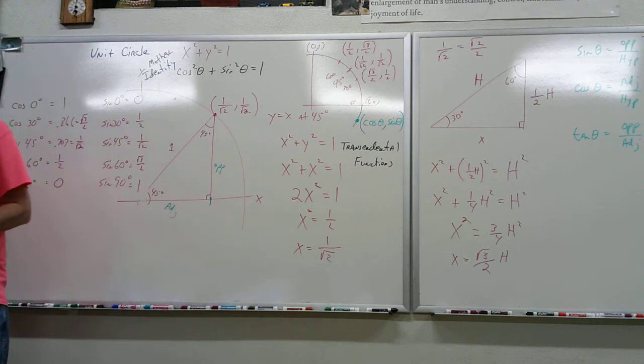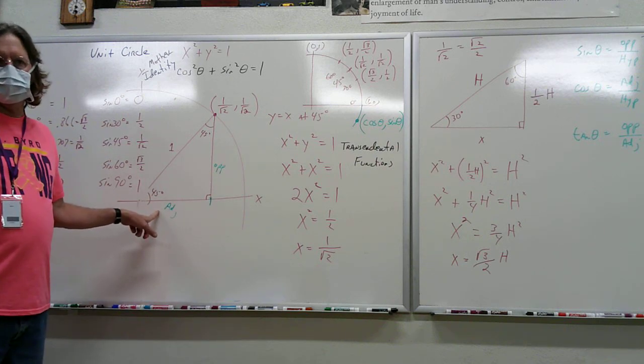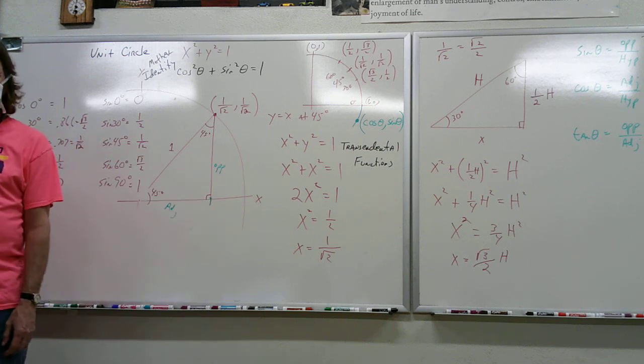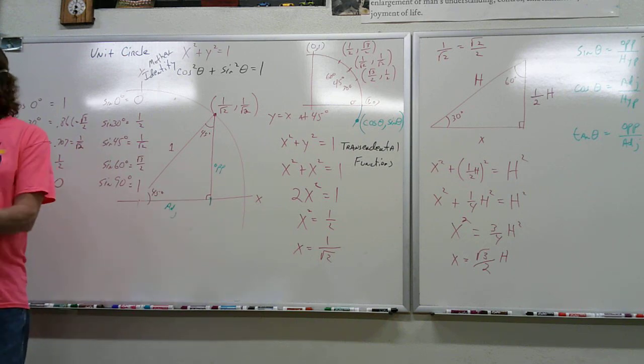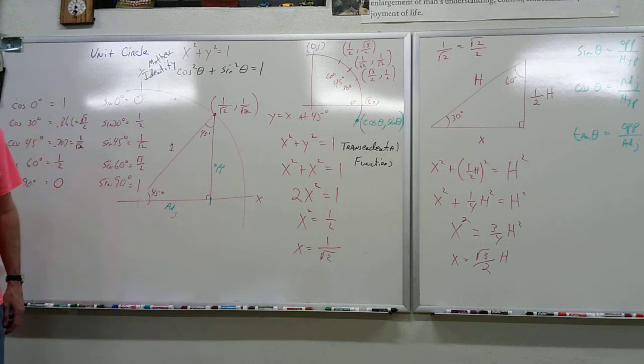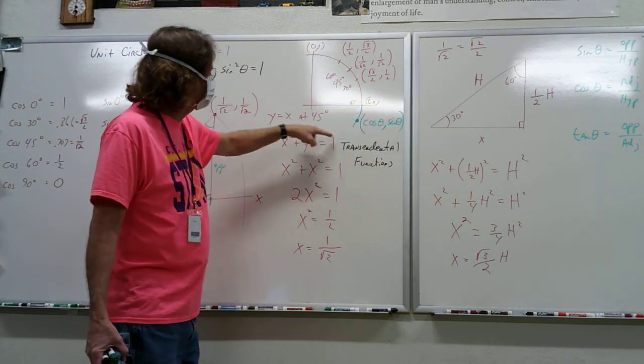Transcendental functions. And what happens is we didn't want to have to say the x value on the unit circle. We didn't want to have to say the y value on the unit circle. So we just shortened it. We gave it a short name. All right? Now, what I need you to do is start memorizing this first quadrant.